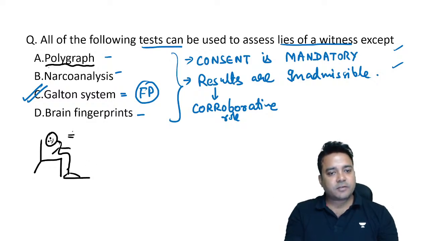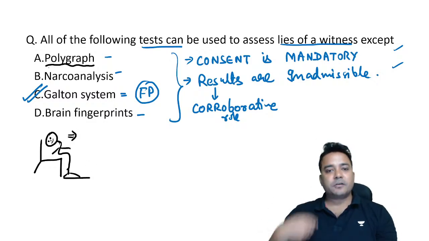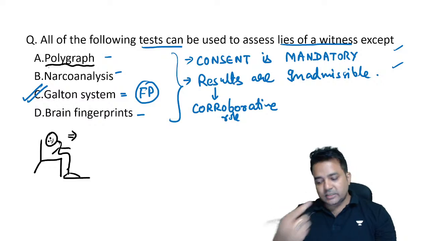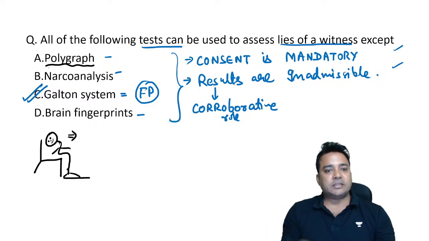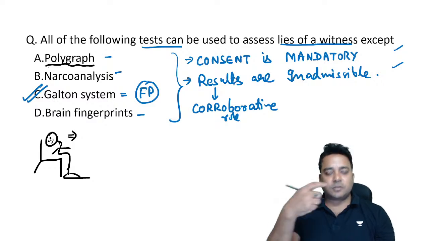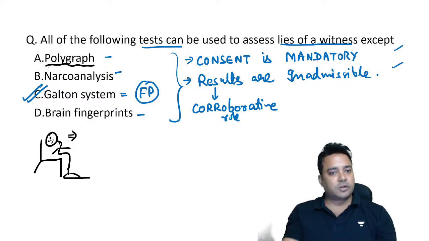And changes in vitals, changes in sweating, all these changes are noted. Vital changes, sweating हो रही है नहीं हो रही है. So when a person tells a lie, there will be large fluctuations noted in the vitals. ऐसे करके पोलीग्राफी से झूठ पकड़ लेते हैं.